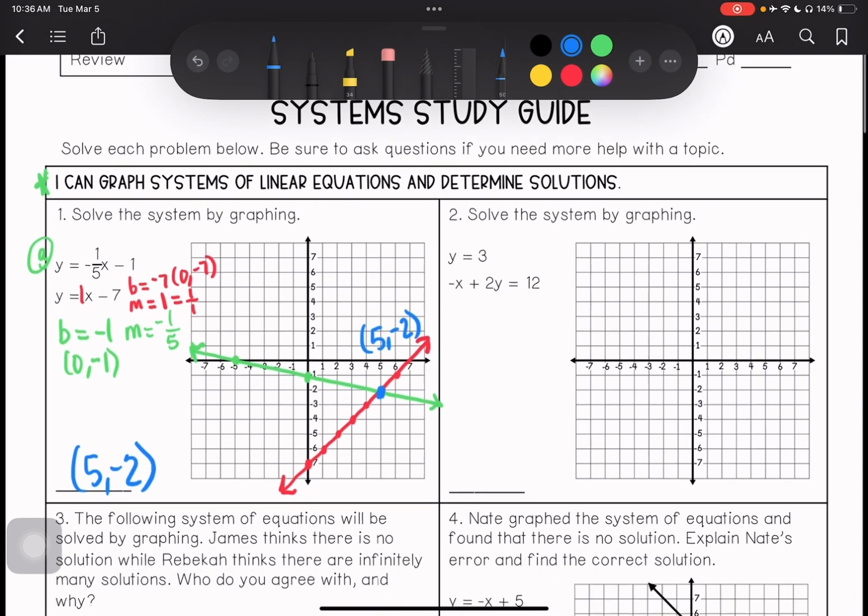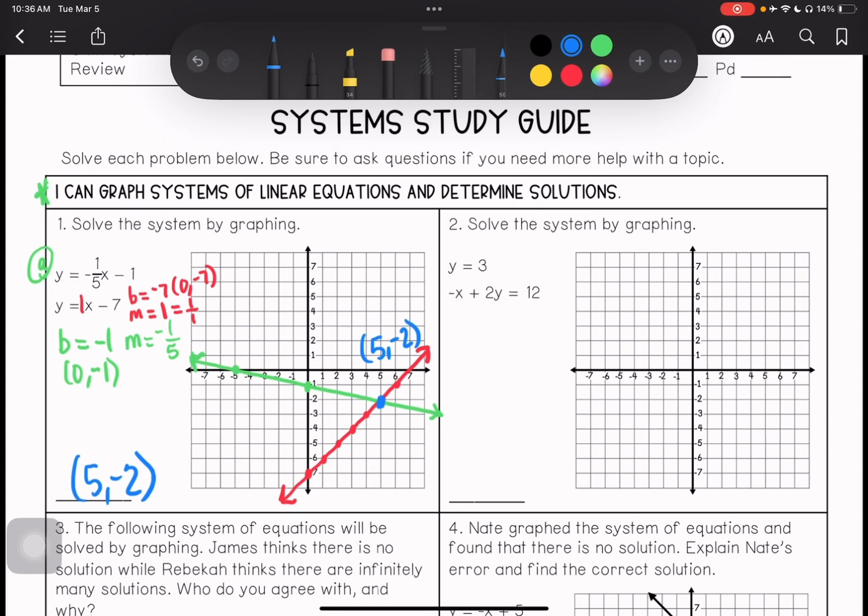Number 2 says y equals 3. Y equals 3 is a horizontal line through 3. In my second equation, I must put it in slope-intercept form.